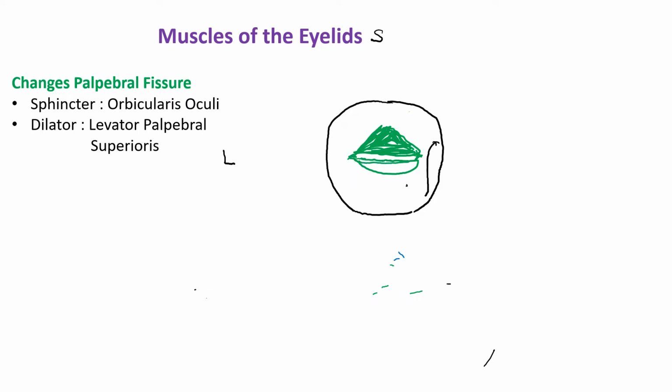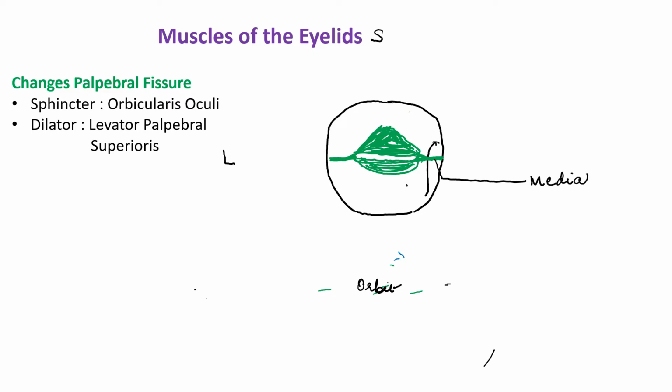On the medial side, this connection forms a medial palpebral ligament which gets attached to the anterior lacrimal crest. And on this lateral side, it forms the lateral palpebral ligament which gets attached to the Whitnall's tubercle. Right? So this is the orbit, and these are the two thickenings which we formed.